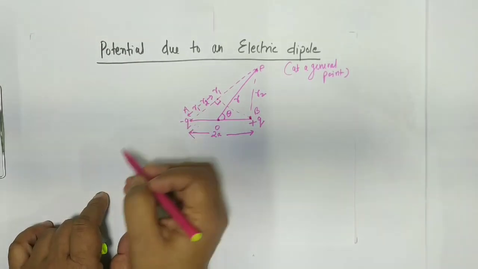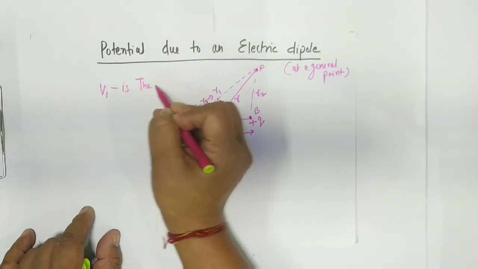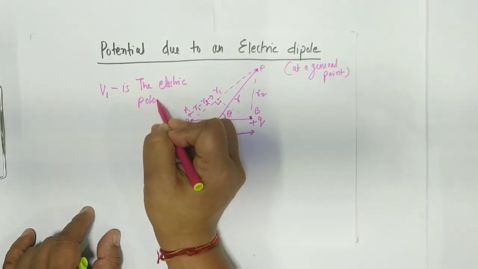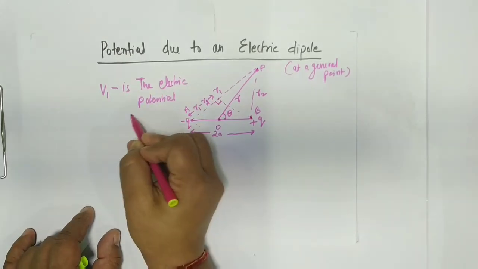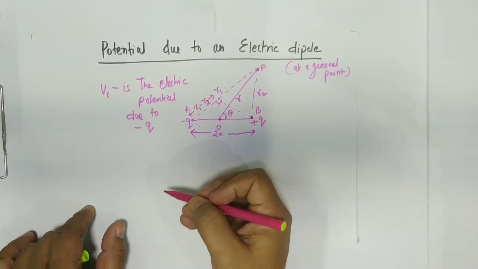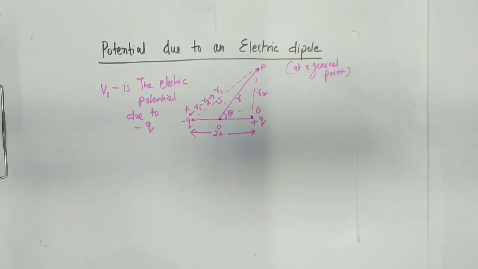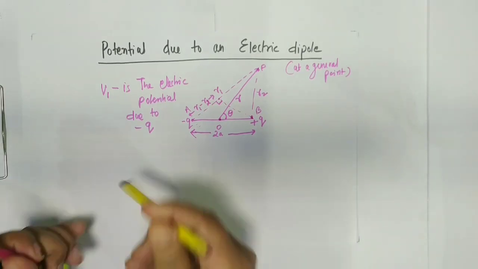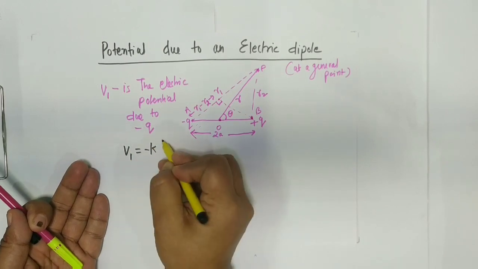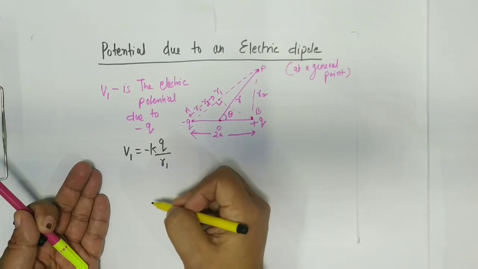Say V1 is the electric potential due to minus Q. V1 will be minus KQ by what is the distance? R1.